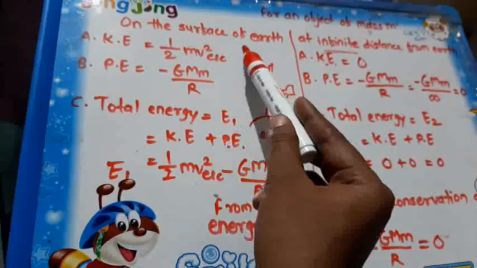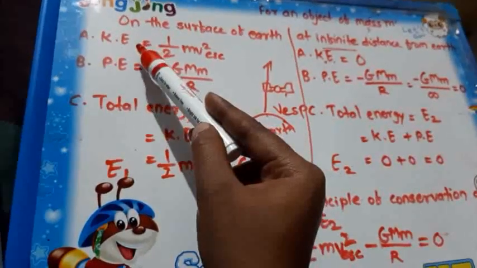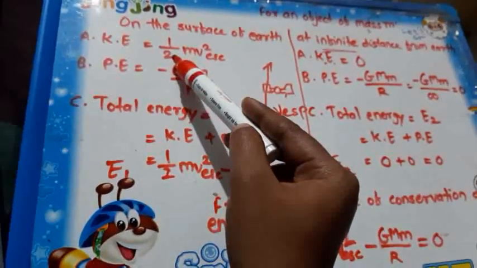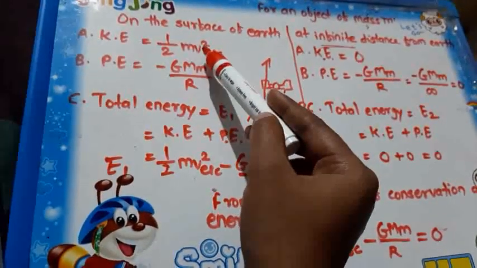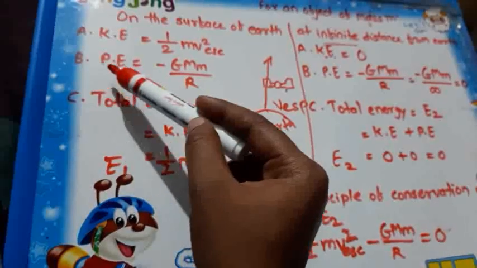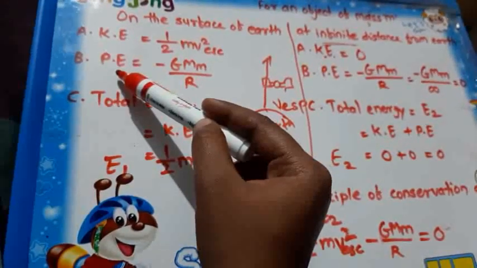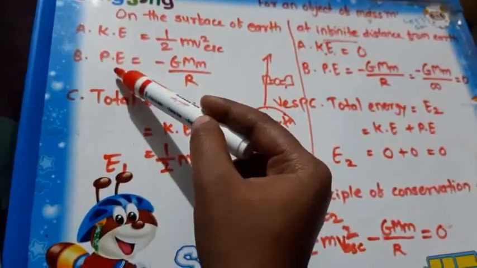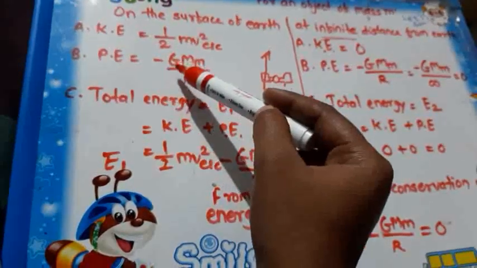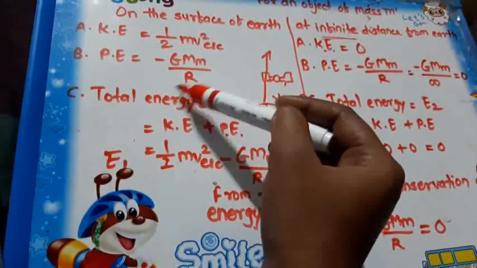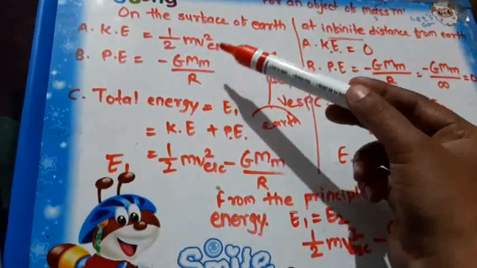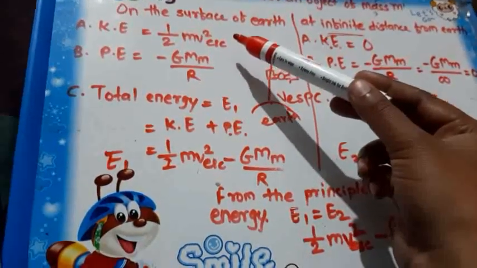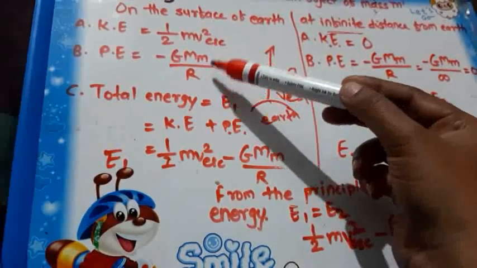On the surface of earth, kinetic energy of the object is given by half into m v square and potential energy contained in that object is given by minus G M m divided by r. Now this total energy of the object is nothing but addition of these two energies.